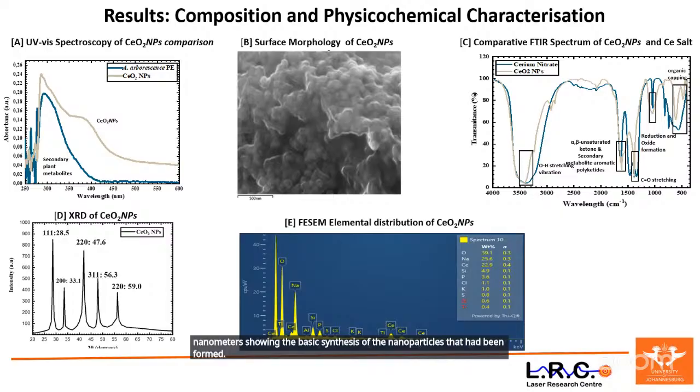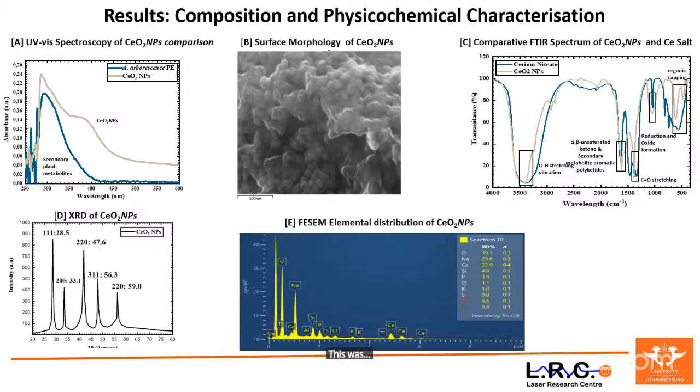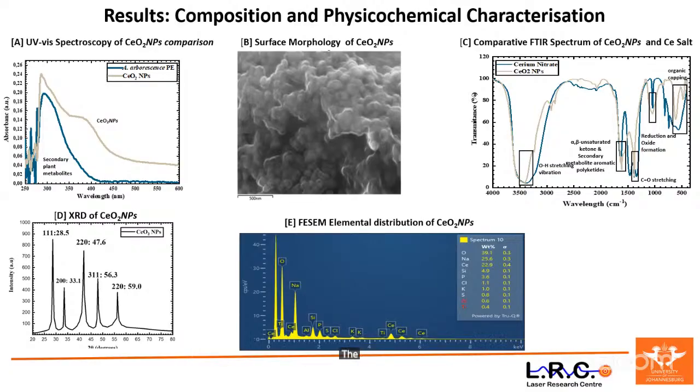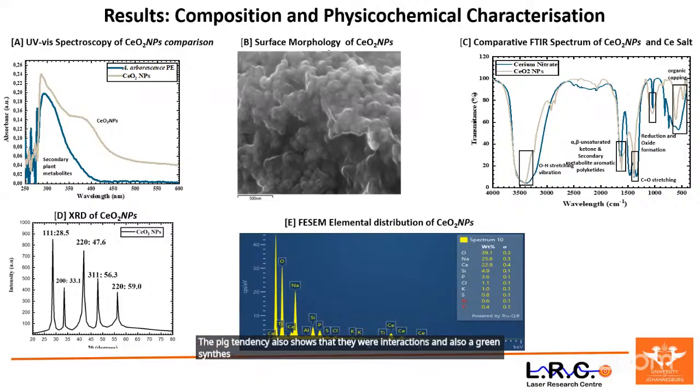This was good for our study because these nanoparticles also interacted with the plant extract, as you see, in the 250 to 300 nanometer range, in which the peaks also show that there were interactions and a green synthesis formulation.